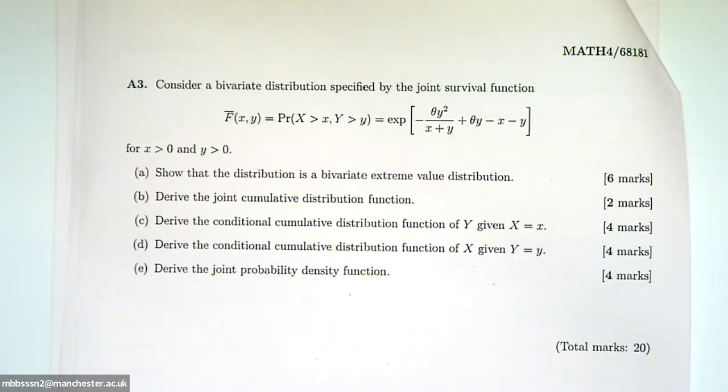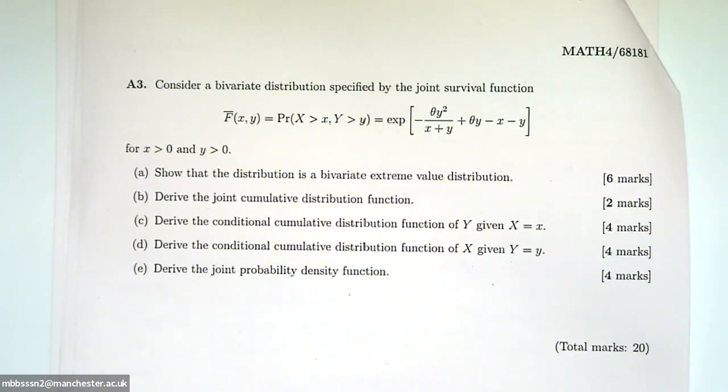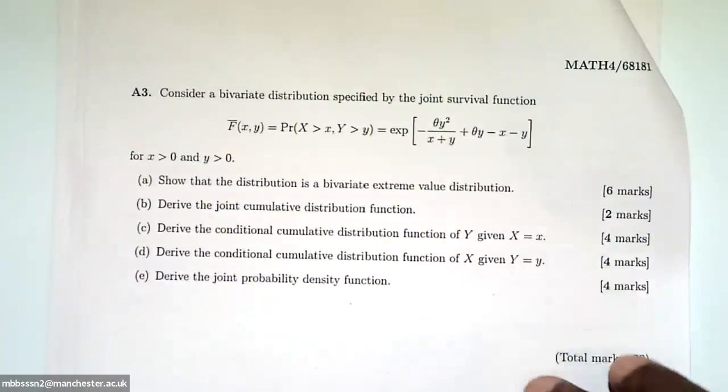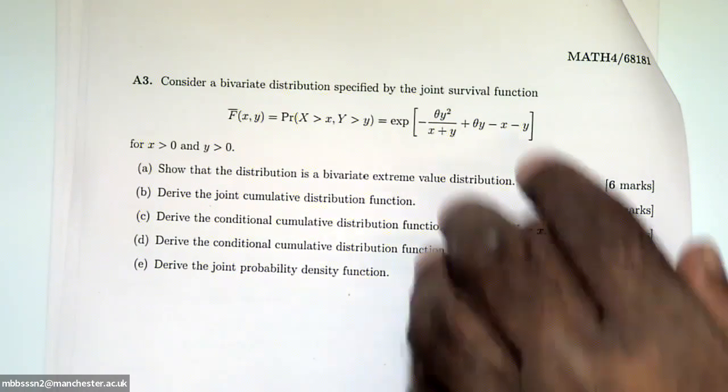And then you'll also be asked to determine the joint CDF, the joint PDF, and the conditional CDFs, right? So I did questions like that. I mean, every exam paper has a question like this, so you can check. So that's section A. Section A, as I said, has 3 questions: A1, A2, A3.